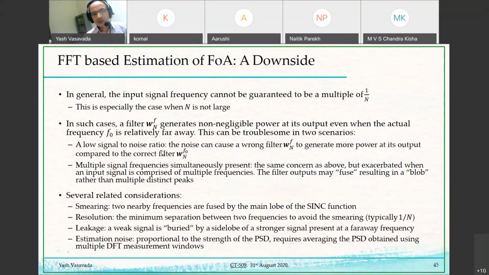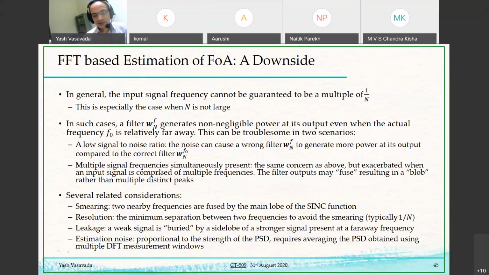When there is a lot of noise because of the ripples, a wrong filter can actually end up generating more power than the right filter. It's just the noise which will boost up the power of the wrong filter, especially when the frequency is close by.